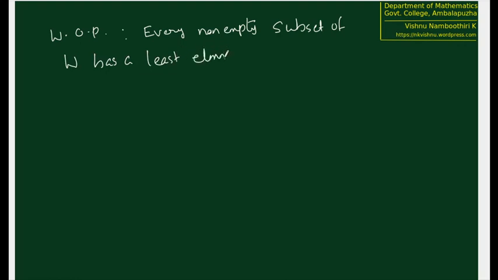We are going to make use of this property. S prime is a set of all positive integers of the form AM plus BN, therefore it is a subset of W. We have already seen that it contains A and B, therefore it is non-empty, therefore S prime has a least element.